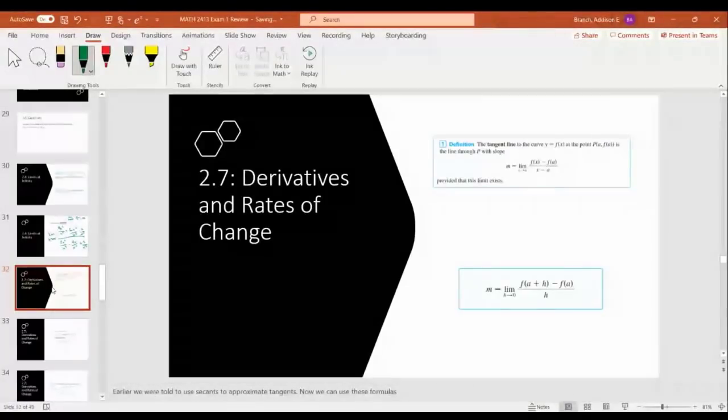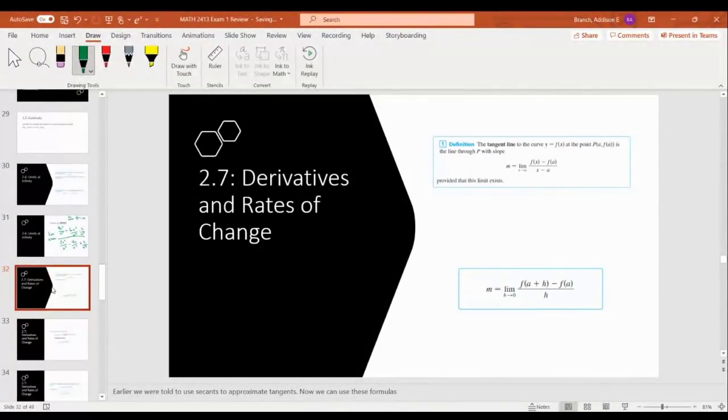All right, section 2.7, we have derivatives and rates of change. So this is connected to that very first section we talked about. Earlier we said our tangent line could be approximated using a secant line. But now we can actually go ahead and solve for that.